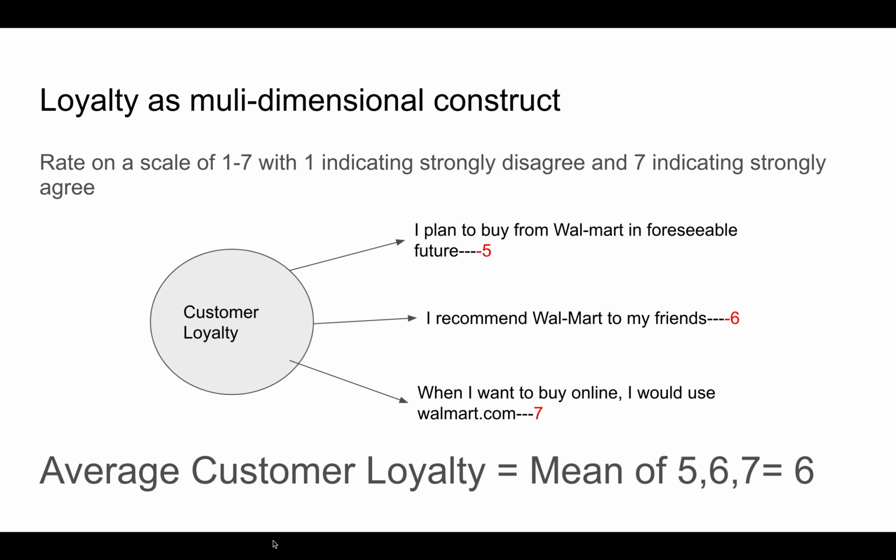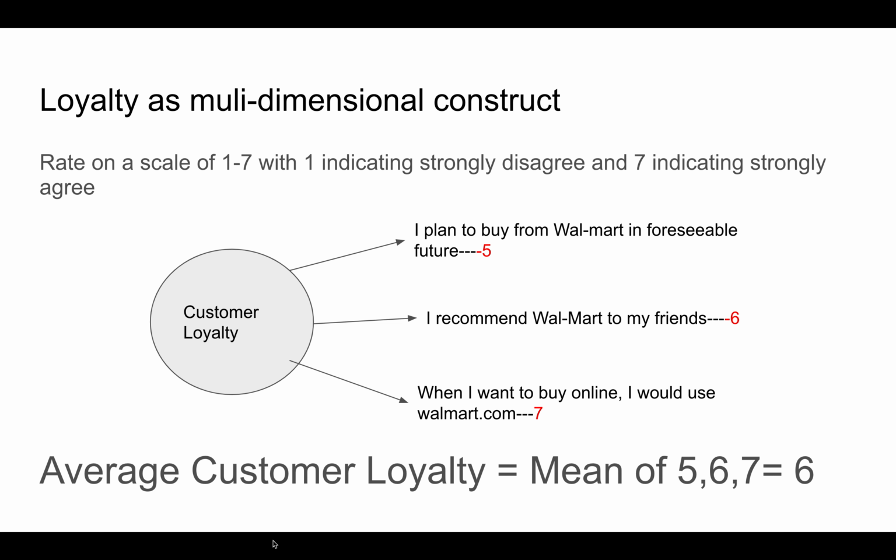But multi-dimensional constructs are much better than unidimensional constructs. Because instead of just asking one question, if we ask the customer to respond to the 3 questions that you see in this picture, and we take the average of the 3 scores, here we think of loyalty as being a 3-dimensional construct.